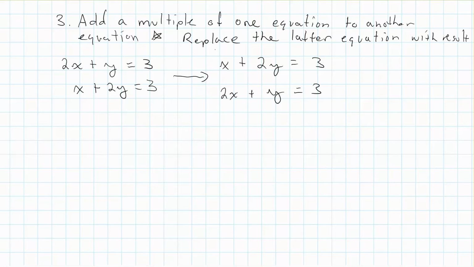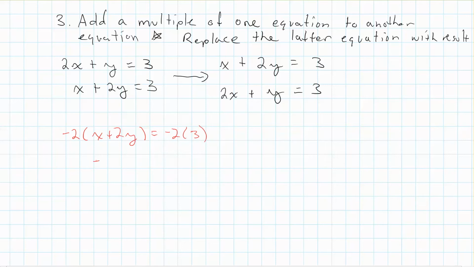And so then what I can do here is say, well, wait a minute, if I take the top equation, multiply it by -2, I could add it to the bottom equation and get a result eliminated. What do I mean here? Well, let's do -2 times x plus 2y equals -2 times 3.